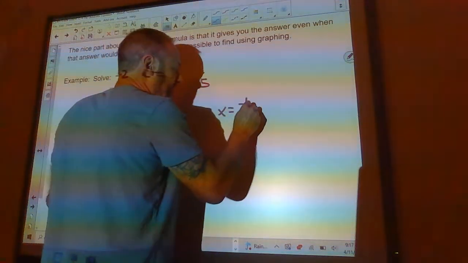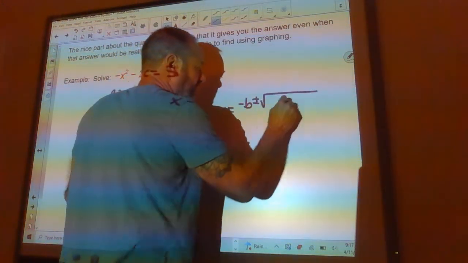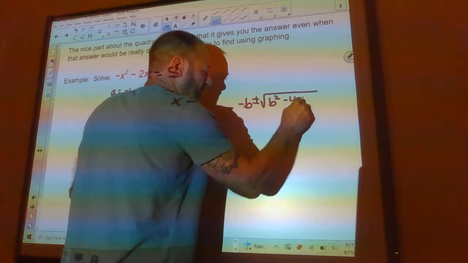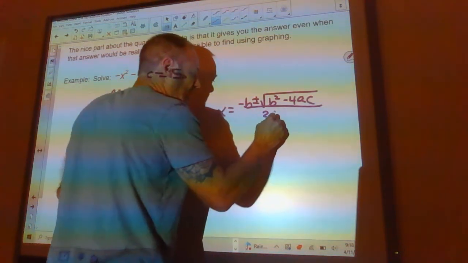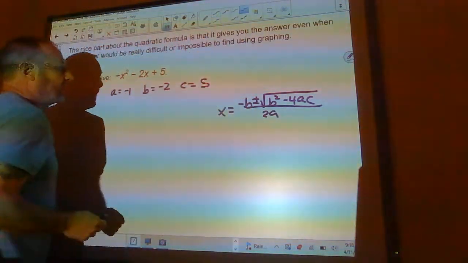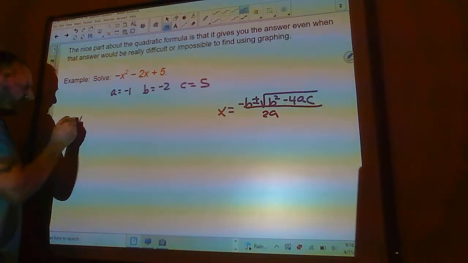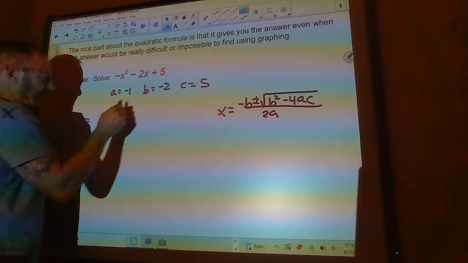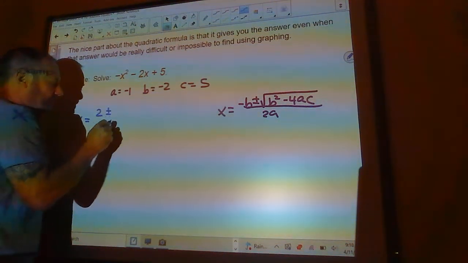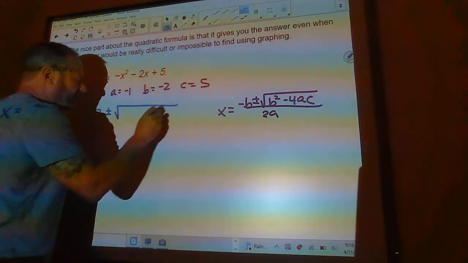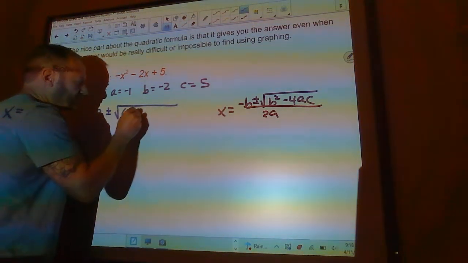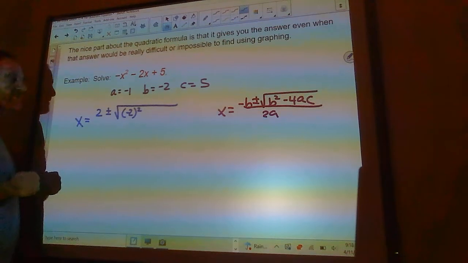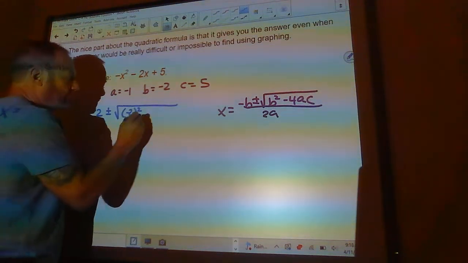X equals negative b plus or minus the square root of b squared minus 4ac all over 2a. Okay, so x is going to equal negative 2, which is positive 2, plus or minus the square root of negative 2 squared. Make sure that negative 2 is in parentheses because that's got to be a positive number.